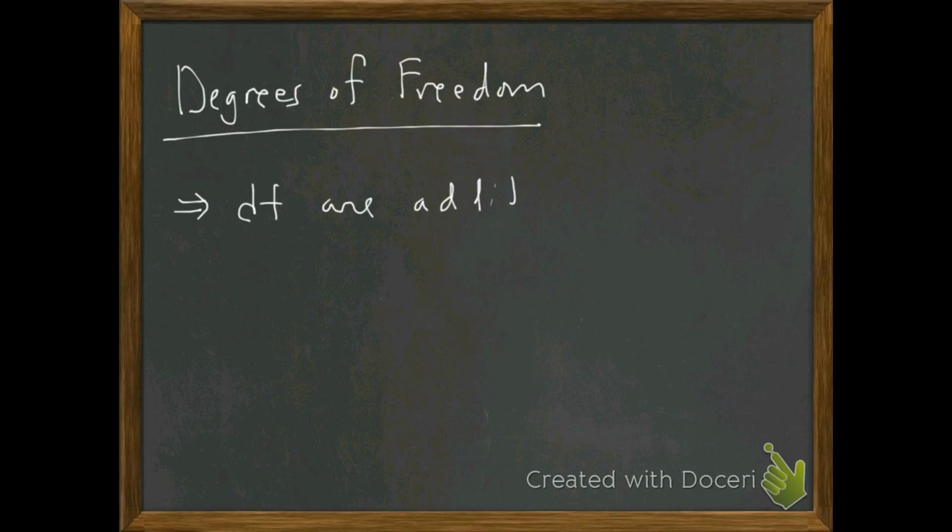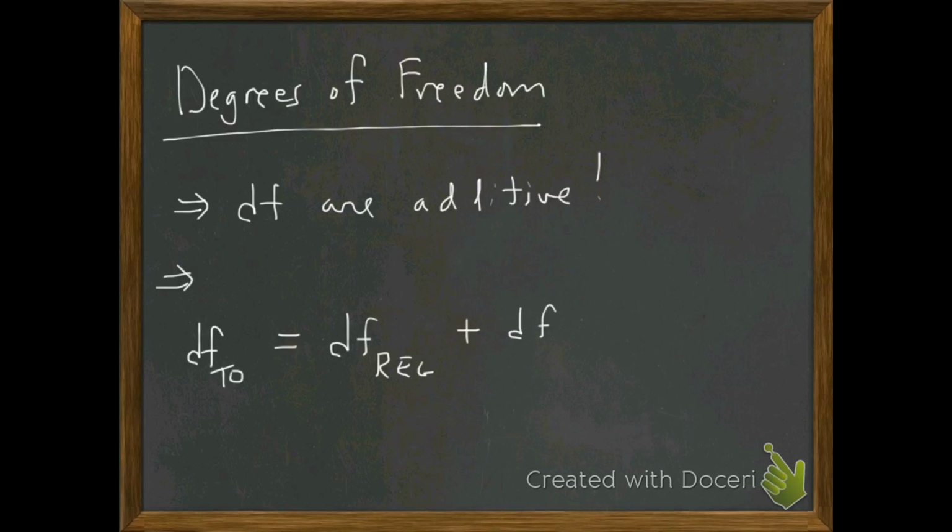And guys, we're going to find out not everything is additive, and we're going to see that in just a few minutes. What I mean is that the degrees of freedom for our total is going to have to sum up to the degrees of freedom for our regression plus the degrees of freedom for our error.